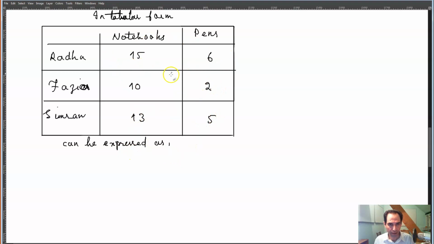I can take these as rows, for example 15 6, 10 2 and 13 5, and use the same type of brackets to put them in the same brackets, right?